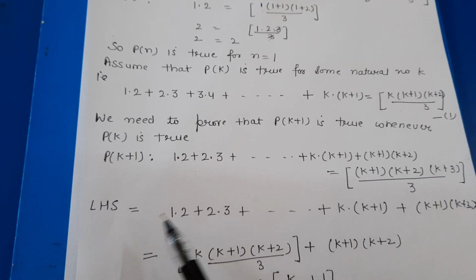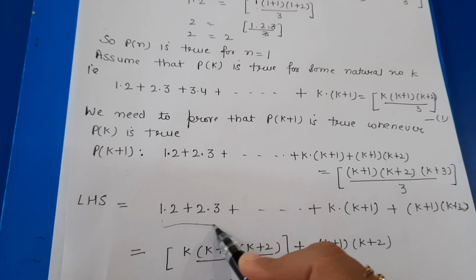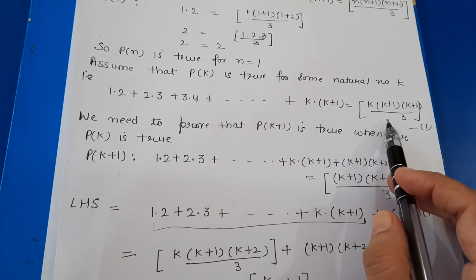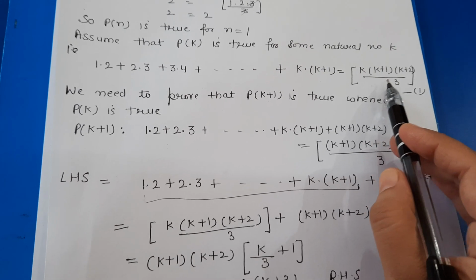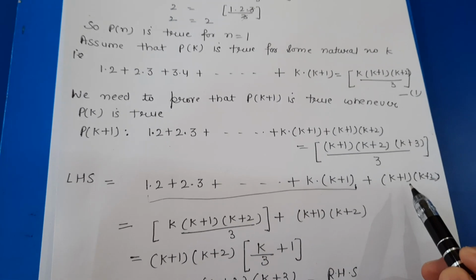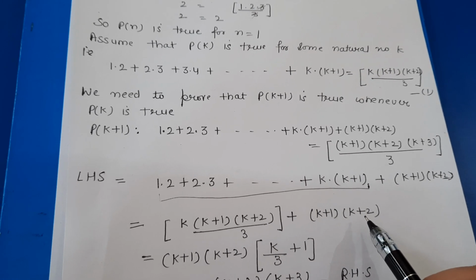Right? Write your left hand side again. Now, the sum of these k terms, we can write using equation 1 as k into k plus 1 into k plus 2 divided by 3, plus the last term as it is, that is k plus 1 into k plus 2.